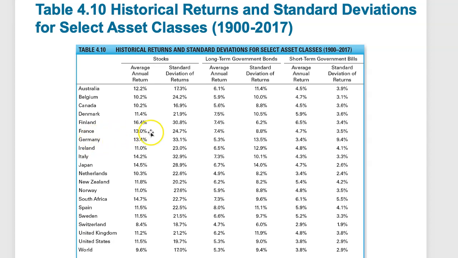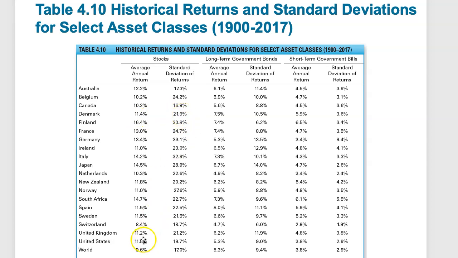But basically, if we look at annual returns and standard deviations of returns for stocks, government bonds, and government bills, we can see Denmark had an 11.4% annual average return. And this is, again, that 118-year period where we look at the annual stock returns in this period, 11.4%, and the standard deviation, 21.9%.